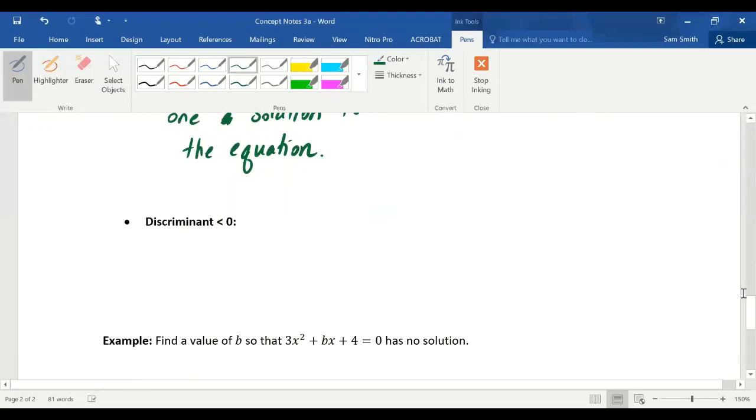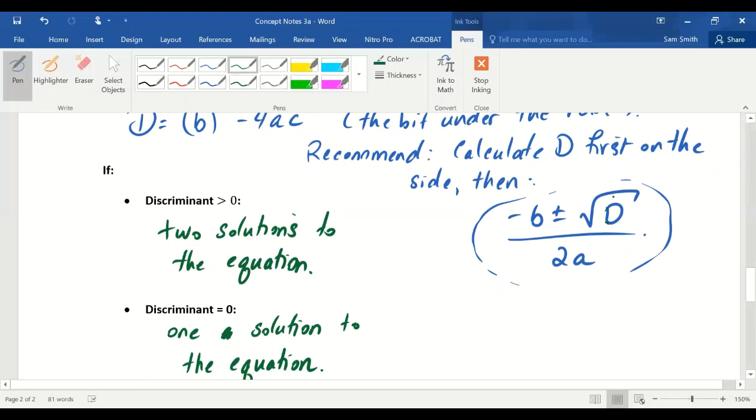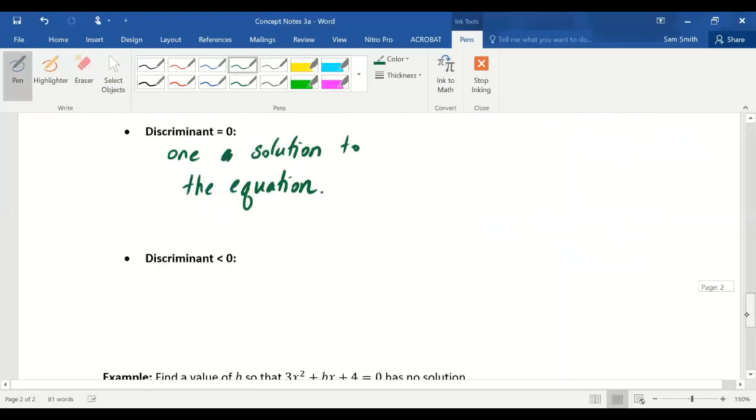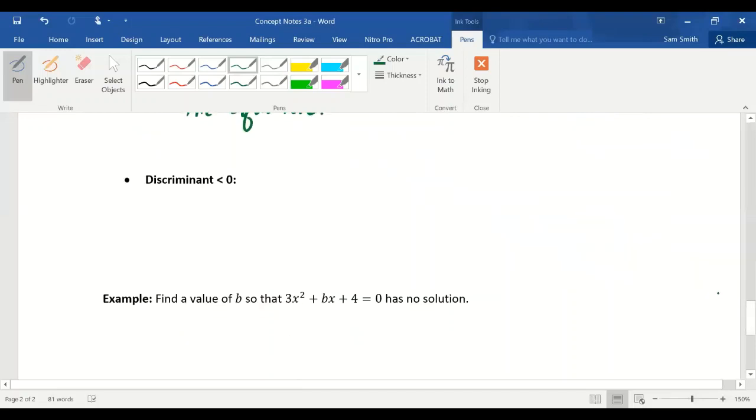But if you're quite lucky, your discriminant will be negative. If your discriminant is negative and you're trying to take the square root of a negative number, you're going to run into some trouble, because there is no real number which, when you square it, gives a negative result.